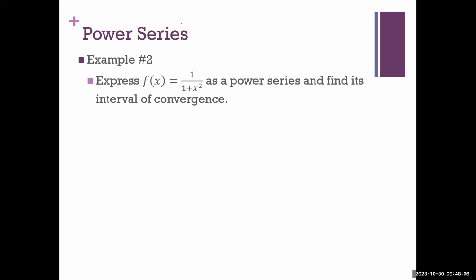We said that 1 over 1 minus x was equal to 1 plus x plus x squared plus x cubed, and so on. How did we get that relationship? What is that based on? Why does 1 over 1 minus x equal that sum?